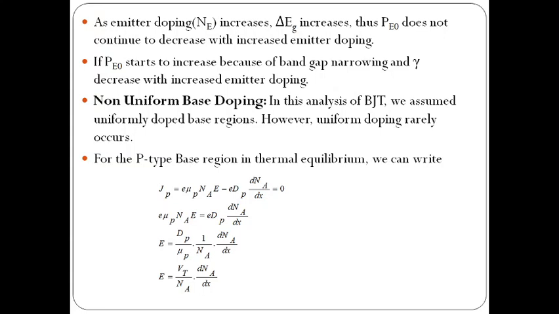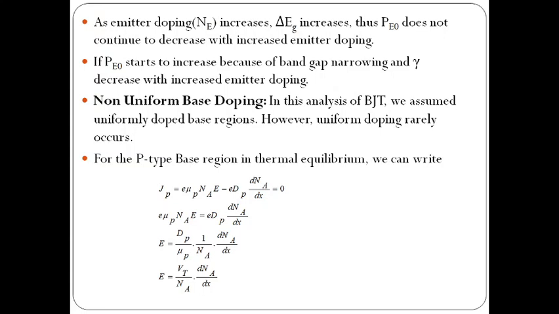That means the band gap narrowing factor also increases. Thus Pe0 does not continue to decrease with increased emitter doping. So minority carriers in the emitter do not decrease by increasing the emitter doping concentration. Pe0 increases because of band gap narrowing, and the emitter injection efficiency factor decreases with increased emitter doping. These are the effects. Clear?